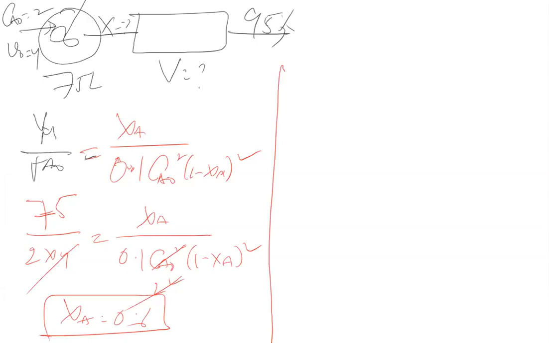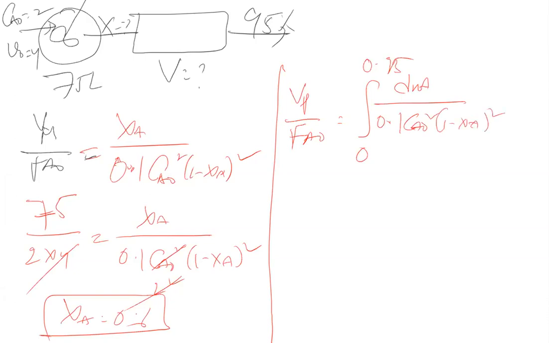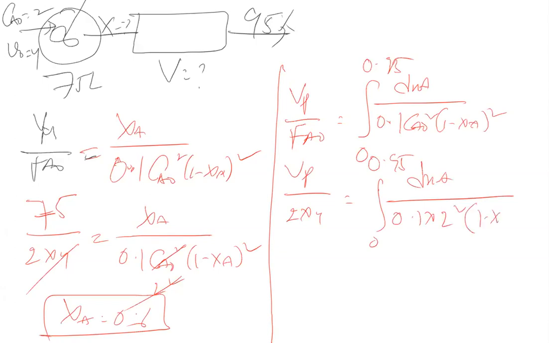For the PFR, Vp by Fa naught equals the integral from 0 to 0.95 of dXA by 0.1 CA naught square into 1 minus XA whole square. Vp by Fa naught is Vp by 2 into 4, and CA naught square is 2 square, which will cancel.